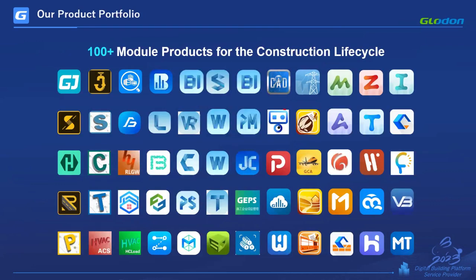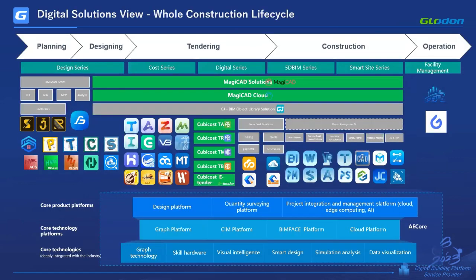And Glodon has more than 100 products, including GIS mapping technologies, building information modeling technologies, CAD solutions, a lot of solutions. And you can see these are our products. For quantity surveying, we have CubiCost 5D BIM software.